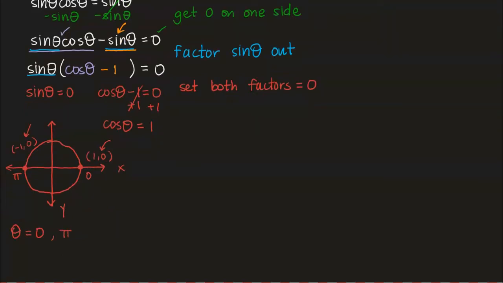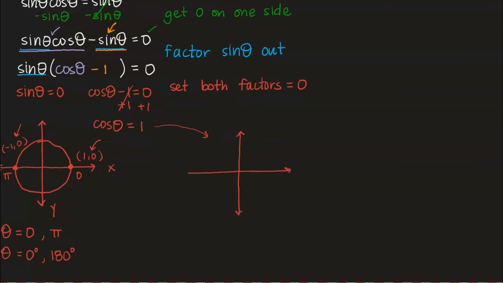And if you want to write your solutions in degrees, you could say that theta is equal to 0 degrees or 180 degrees. The second equation where we have cosine theta is equal to 1, I'll sketch another unit circle to help us visualize these solutions.